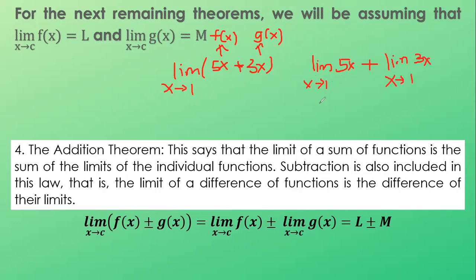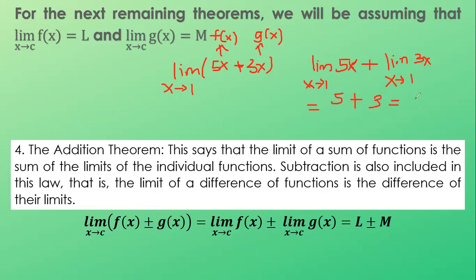So by this, we can simply use yung ating previous theorem. So limit of 5x as x approaches 1 is equal to 5 plus the limit of 3x as x approaches 1 is 3.